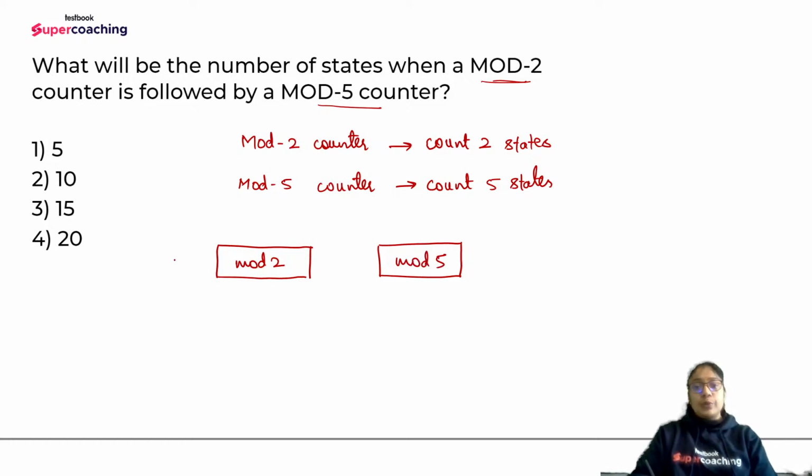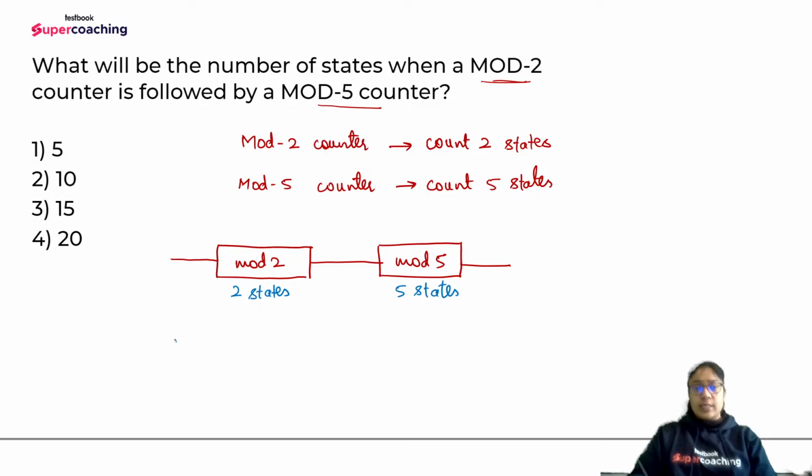What will be the output? How many total states will there be? Mod 2 counter is counting 2 states. Mod 5 is counting 5 states. So what should I do? Those states, 2 states come from here, 1 bit, and here you'll be getting 5 states.